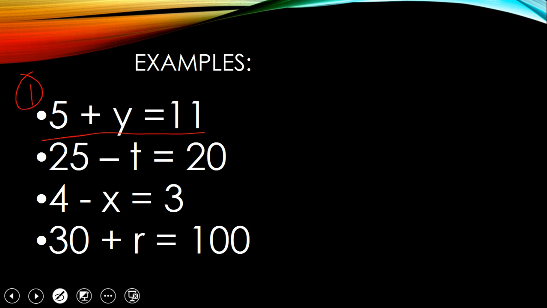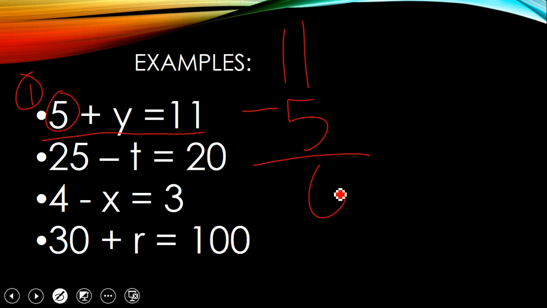But to solve it for something you don't know, you take the number 11 take away 5 equals 6. So now I know that y equals 6, okay? So basically you are just trying to figure out what this number is, but you use the two numbers that you do have. Because this is a plus, I need to subtract it from this side.